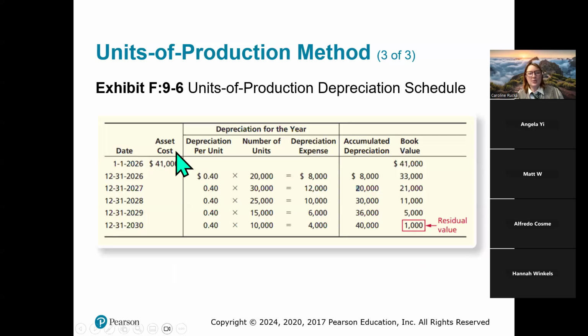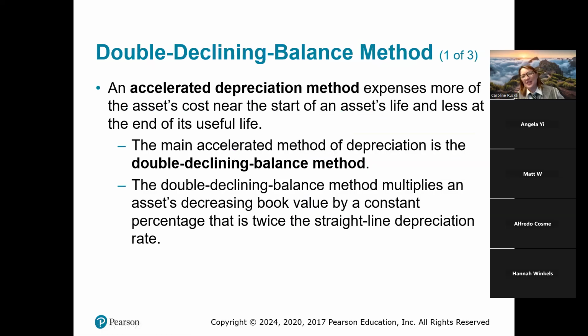This is the units of production schedule. Again, each year you're just calculating the number of miles that you've traveled, and how much depreciation is going to go on the books based on that until you zero out that $40,000 value of the truck and sell it for $1,000.